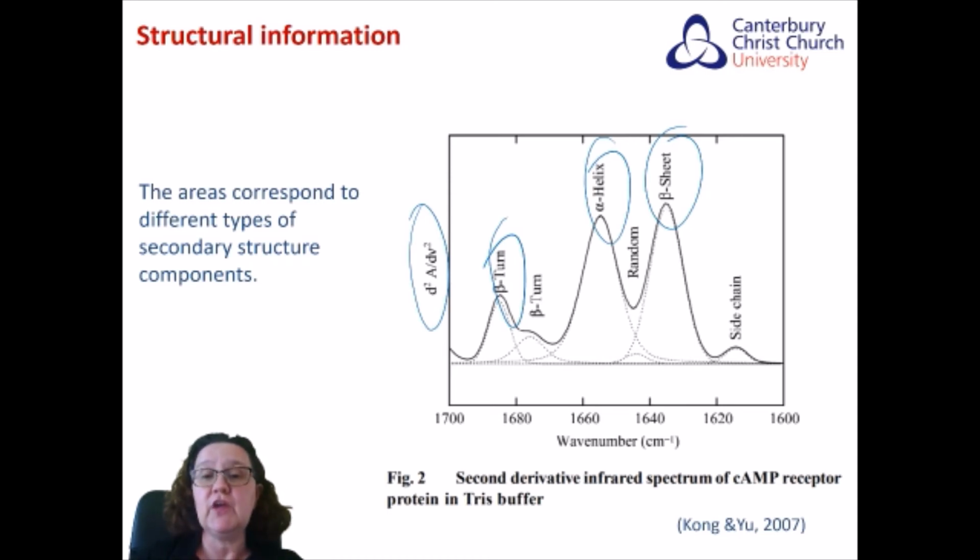And all these bands correspond to amide 1 bands. They are all between the 1700 to 1600 range. So you can use the amide 1 band very effectively, and also amide 2, to work out the proportion of the different types of secondary structure in your protein, because the peaks themselves will reflect what structures you've got, and the area under the peaks, the percentage of your protein that has that particular structure.